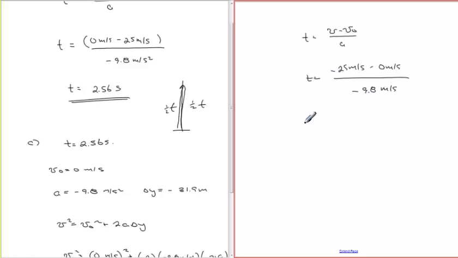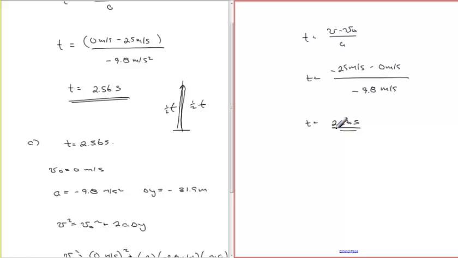And negatives cancel out, and you get 25 divided by 9.8, 2.55 seconds, 2.56 seconds, which is the same thing we got up here. So you can see it takes just as long to go up as it does to come down.